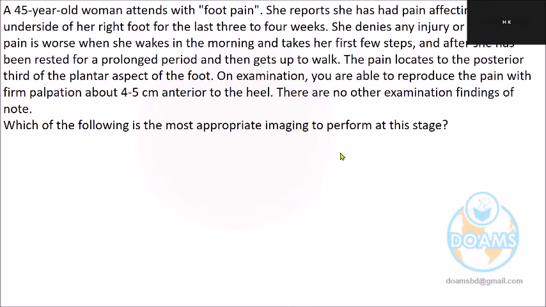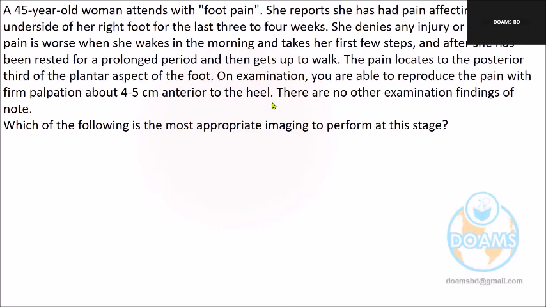Plantar fasciitis. Okay. Could be other than plantar fasciitis. Why not calcaneal spur? Okay, it could be calcaneal spur also. Understand? But as mentioned there, the pain is reproduced with firm palpation about 4 to 5 centimeters anterior to the heel.